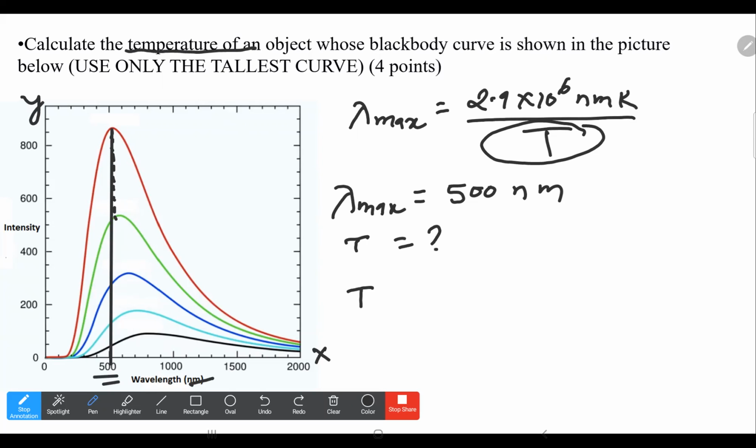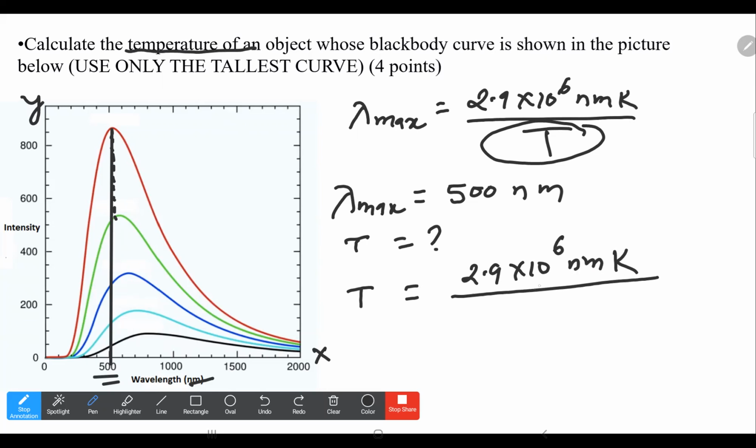If we rearrange this equation, the temperature T is equal to 2.9 into 10 to the power 6 nanometer Kelvin, divided by lambda max. Temperature is in Kelvin and distance is in nanometer.